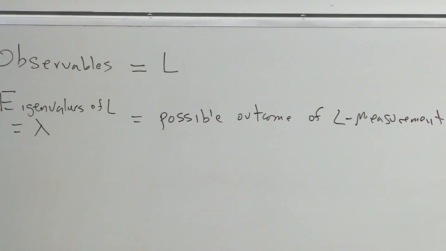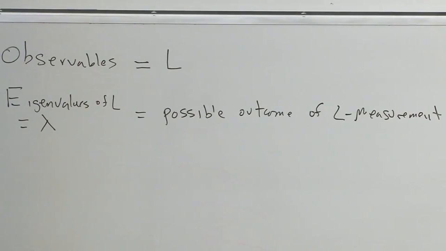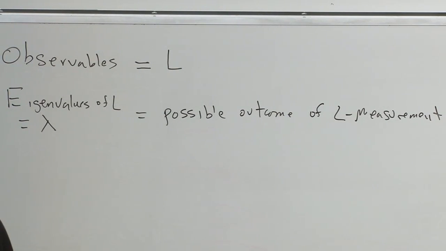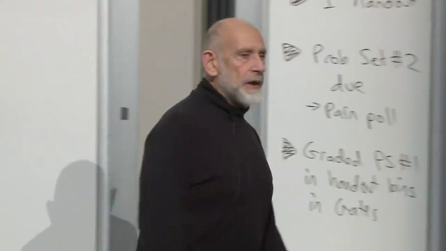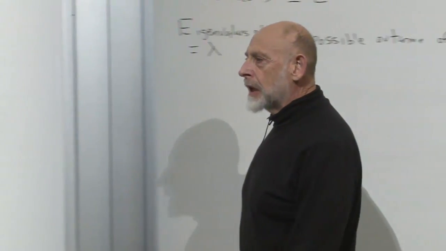Okay, I think we had a third one along the line here. Yeah, physically distinguishable states. Now let's just see what physically distinguishable states mean. Certainly up and down are physically distinguishable. And the meaning of saying two states are physically distinguishable is that there exists a measurement of some kind that can tell you the difference between an up state and a down state.